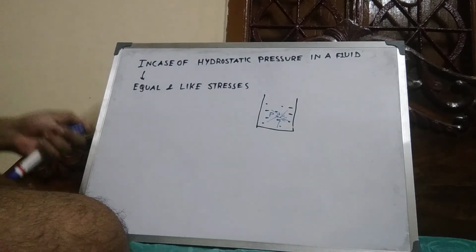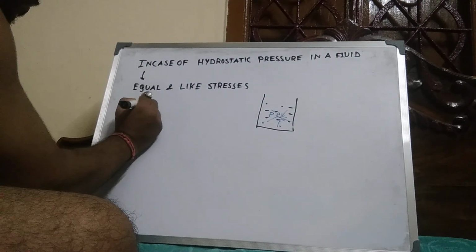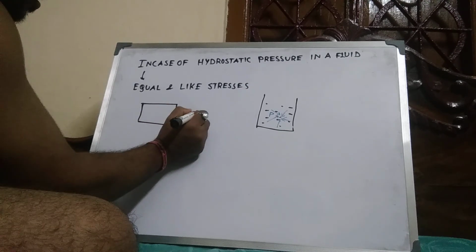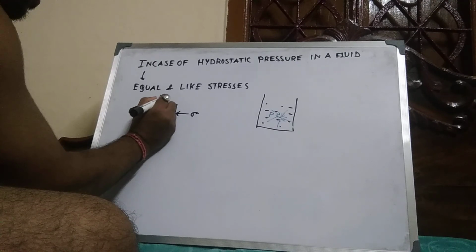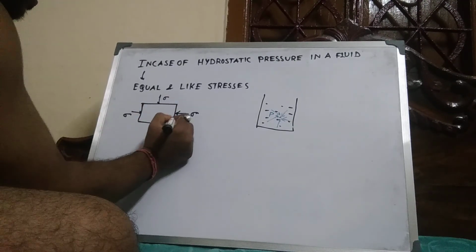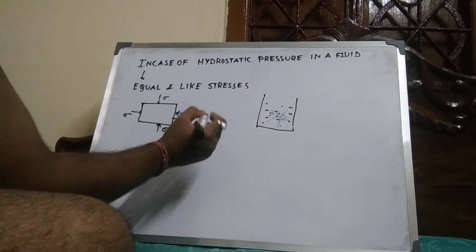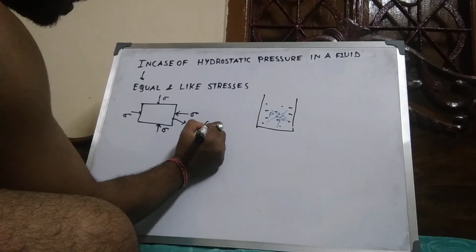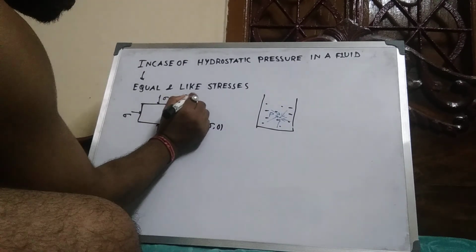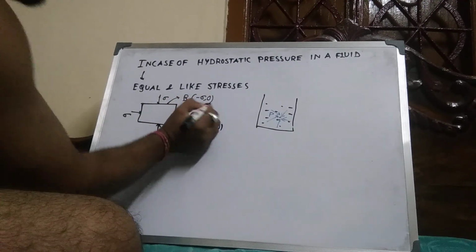So draw the state of stress: sigma and sigma, plane A minus sigma comma 0 and plane B minus sigma comma 0.